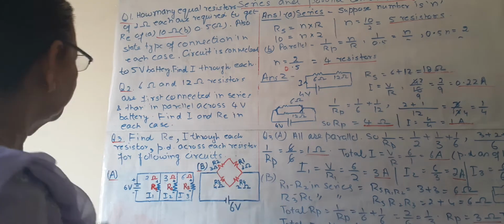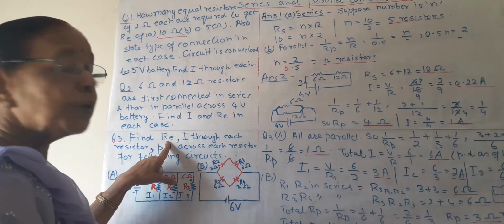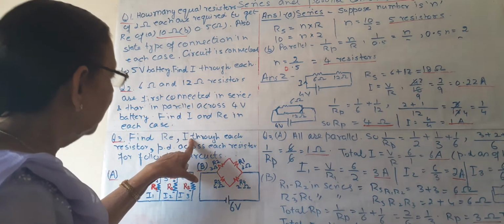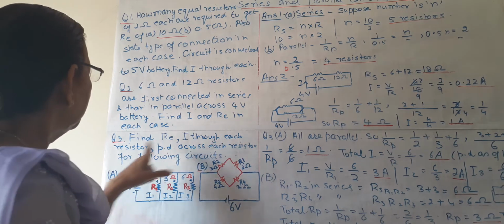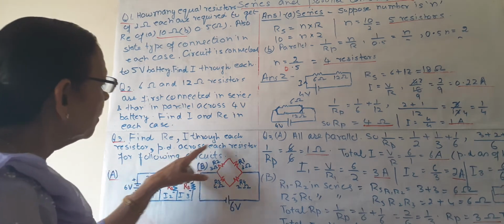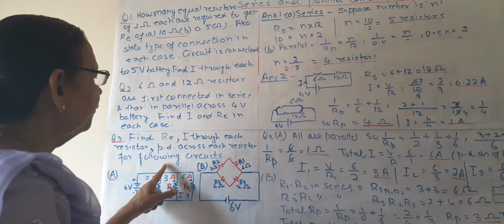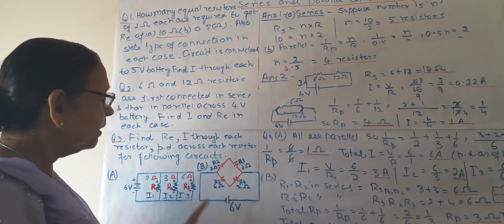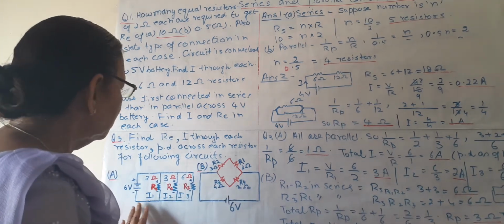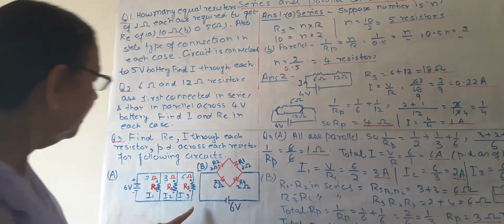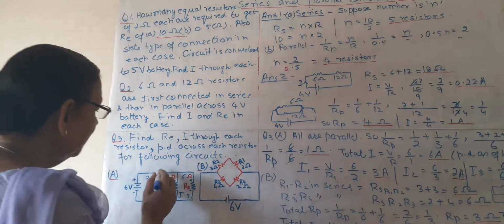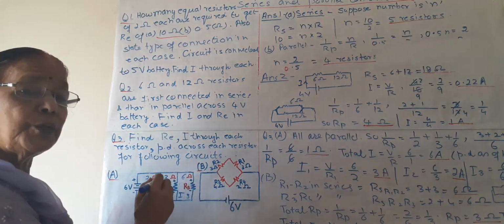Now the third one. Find total resistance, current through each resistor and PD across each resistor for the following circuits. Two circuits are there, A and B. So here you can see these are three resistors, 1, 2, 3.